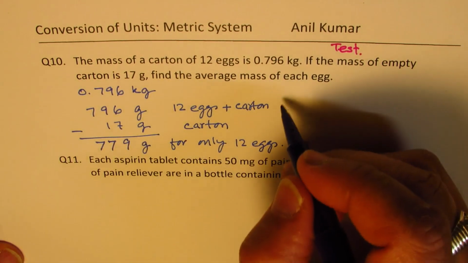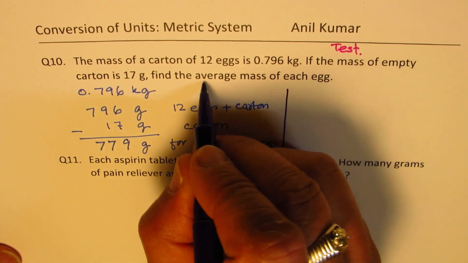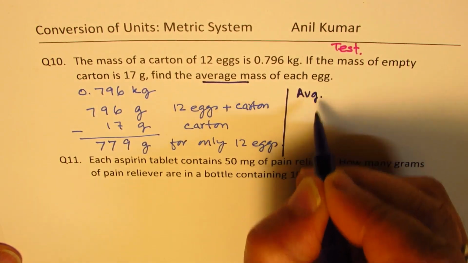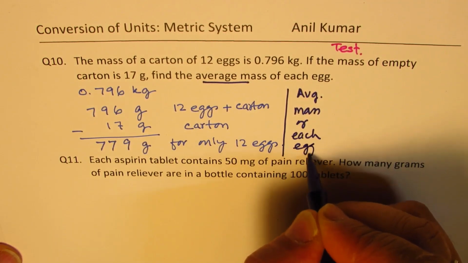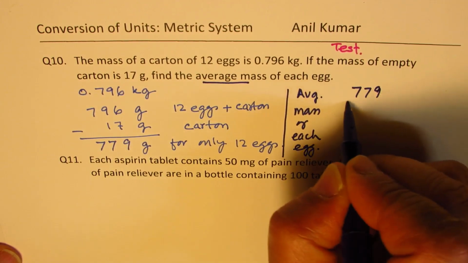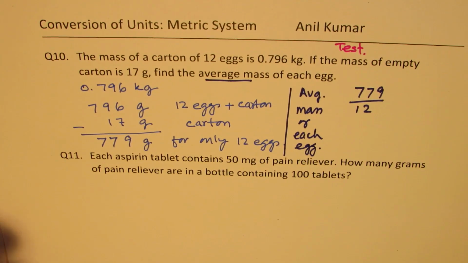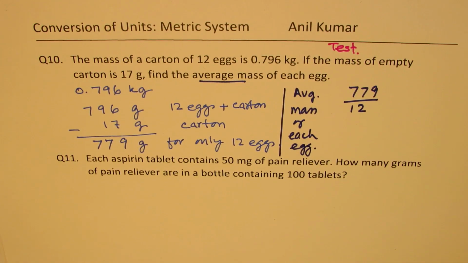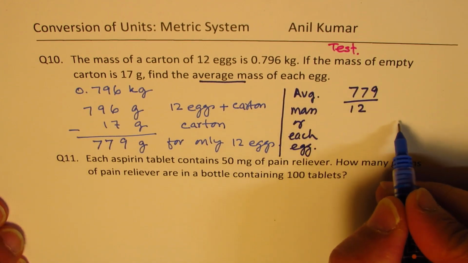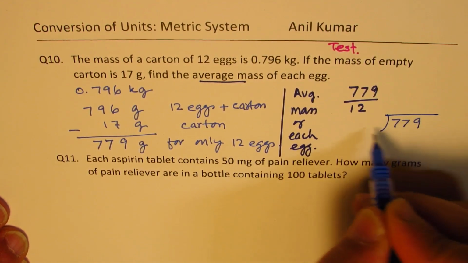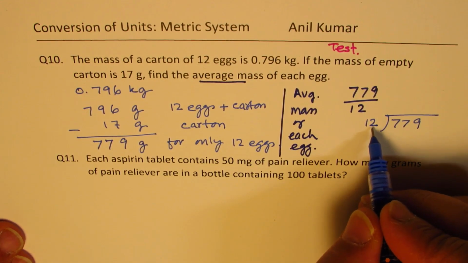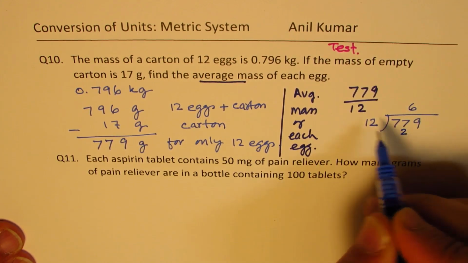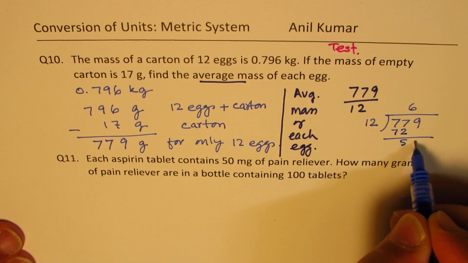Perfect. Now, let us find the average. So the average mass of each egg will be 779 divided by 12. Is that clear to you, right? So that is going to be the average mass, correct? So we can just divide this and find our answer. So we have 779. Let's divide by 12. So 12 times 6 will be what? 6 times 2 is 12. 2, 1, 72. So we're left with 59.